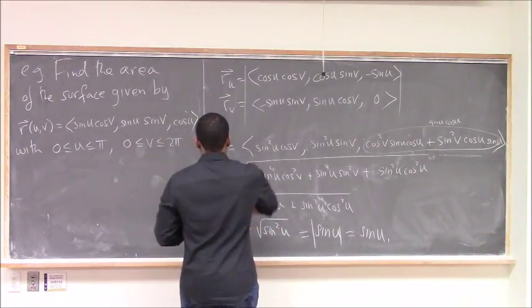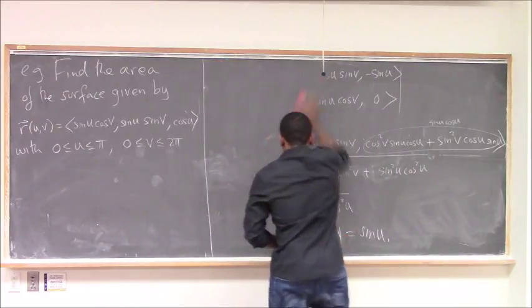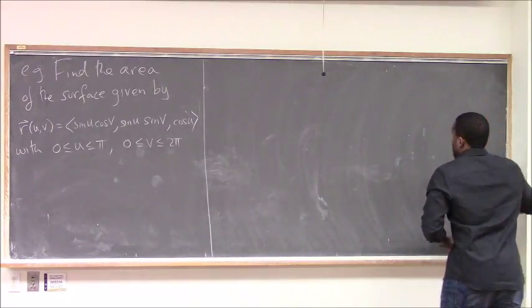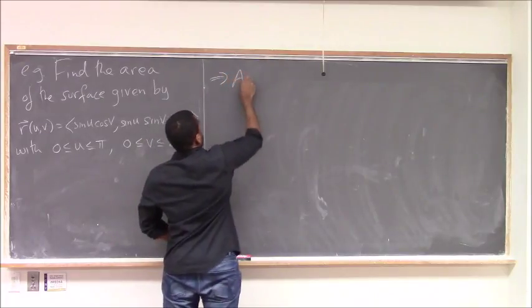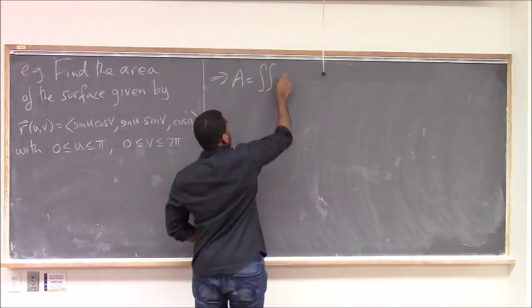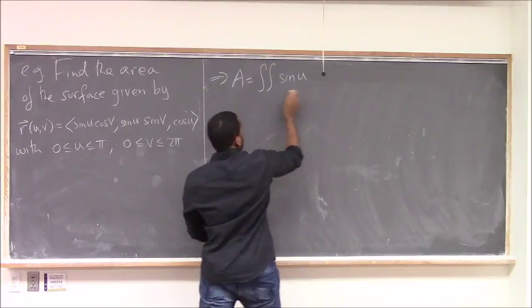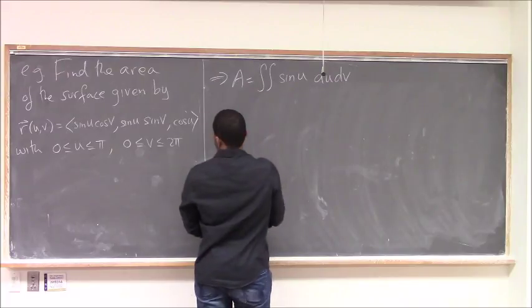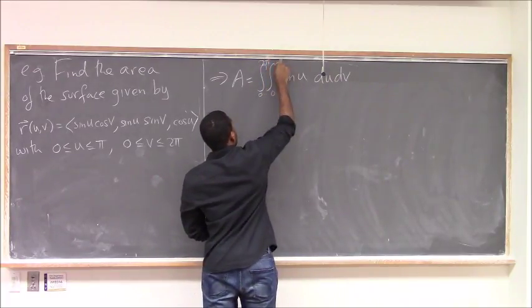Okay. So remember, it's sine u was the magnitude of the normal. So what does that mean for us now? And then you need to integrate it. Now we just have to integrate that. Double integral of sine u. Again, we can do any order here. So say I put the v on the outside, that's 0 to 2 pi, and 0 to pi for u.